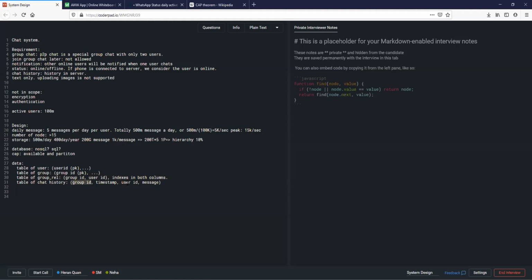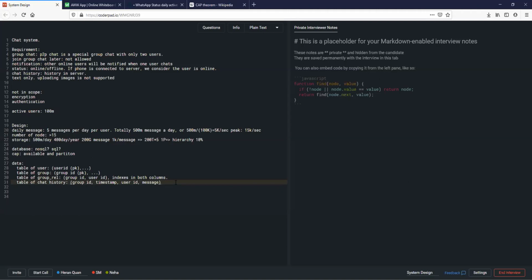Just a group ID. So how are we storing peer-to-peer then? In peer-to-peer, we have a group, and in this group we have two users. So there will be two items in the group relationship. Okay, got it. In this way, we don't have to consider peer-to-peer separately.